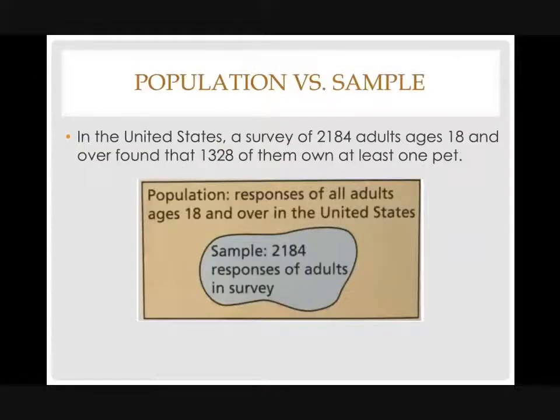So in the United States, a survey of 2,184 adults ages 18 and over found that 1,328 of them owned at least one pet. So these 2,184 would be considered the sample, while the population is everyone 18 and over.